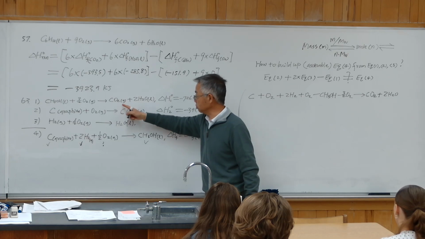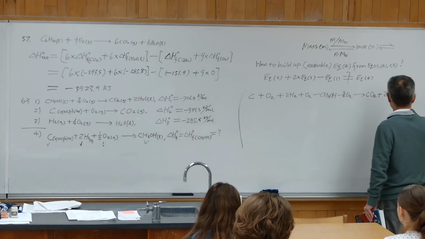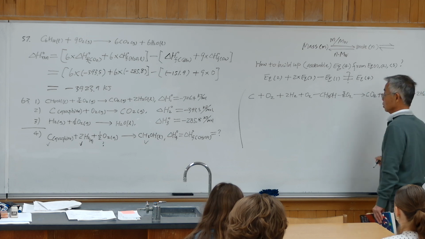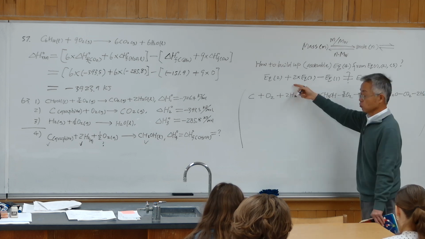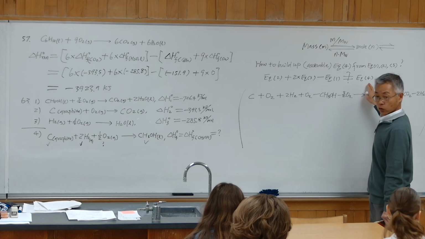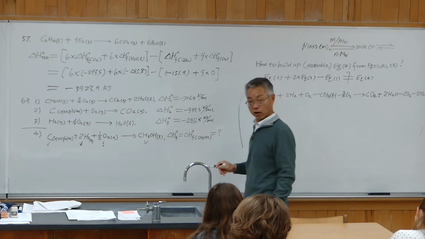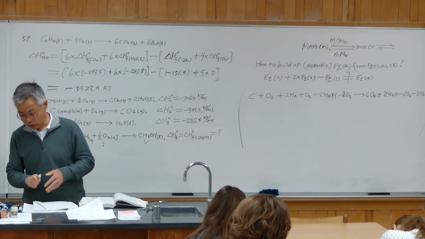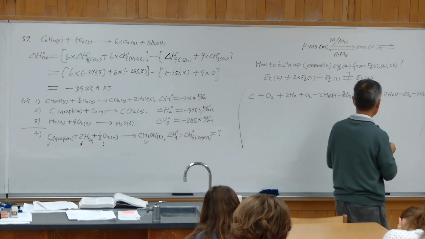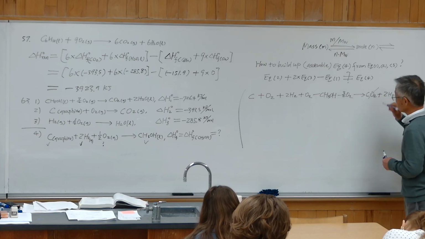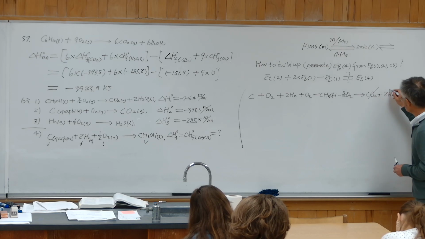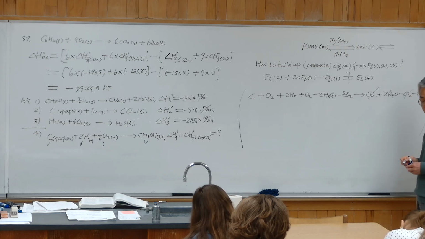Minus CO2 minus 2 water. We finish this formula, right? So we will see if this result is equation 4, because you have a question. We want to confirm. If this equals equation 4, we need to simplify it. Carbon dioxide minus carbon dioxide, right? 2 water, right side, nothing left.